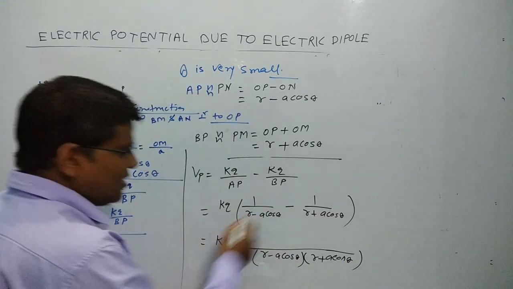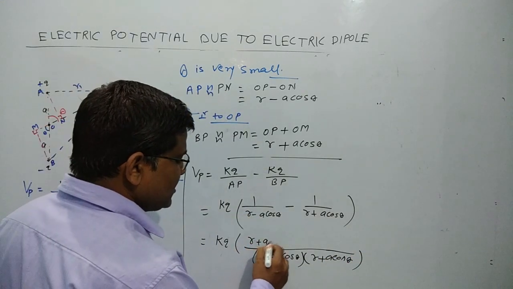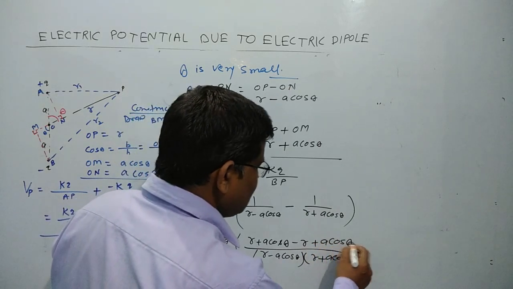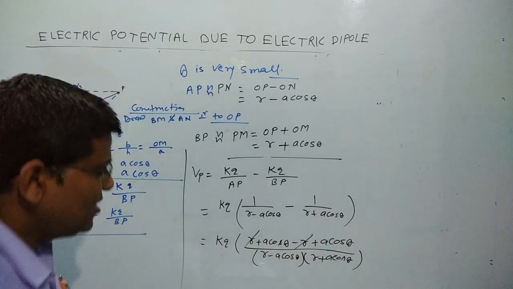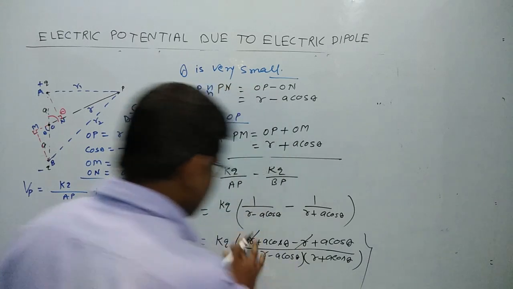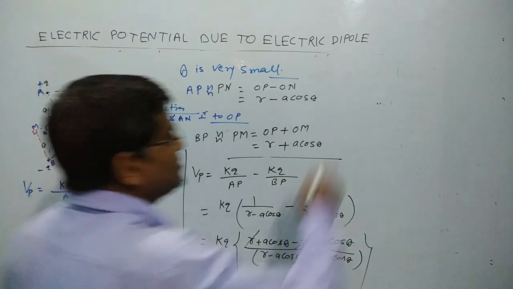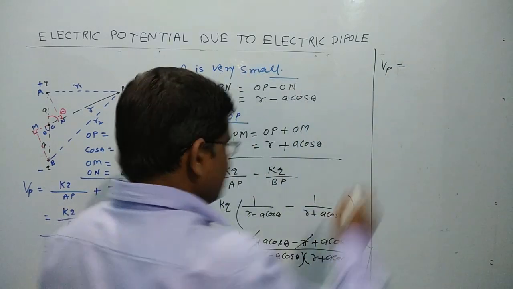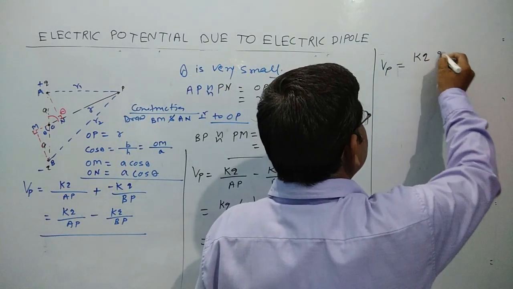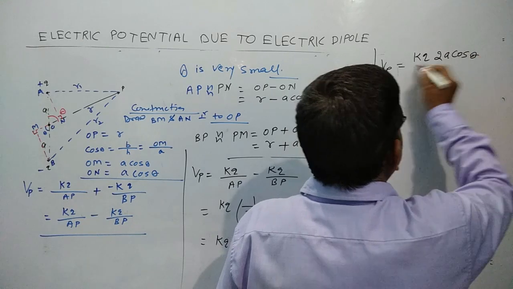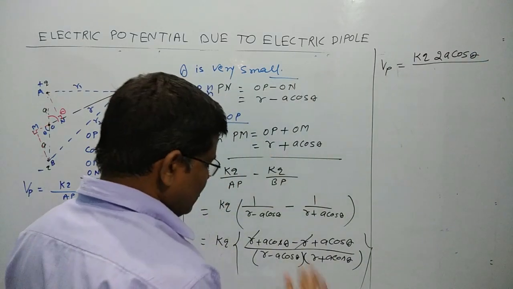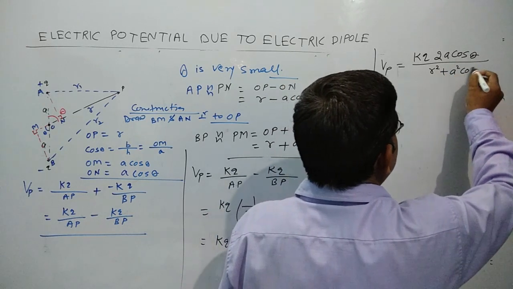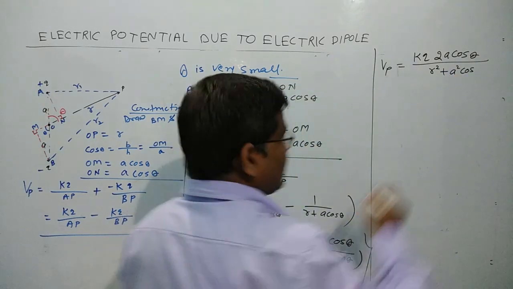This, and R plus A cos theta is here, minus R plus A cos theta, and R and R cancel out. Then VP is equal to KQ 2A cos theta upon R square minus A square cos square theta.